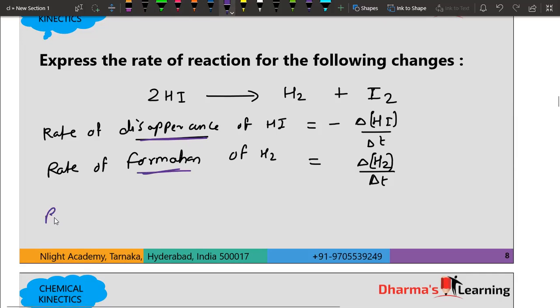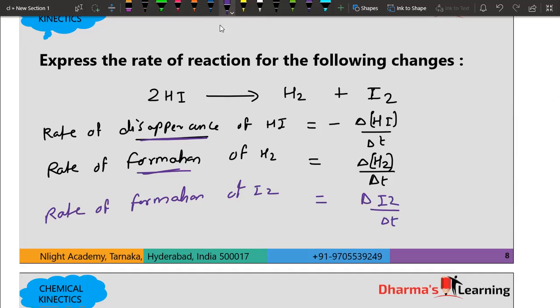Similarly, the rate of formation of I2 will be the change in concentration of I2 divided by change in time. Now focus. If I need to write the rate of reaction, this is the rate of the complete reaction. It is not with respect to a particular reactant or product. So the average rate of a reaction will be equal to minus 1 by 2, the stoichiometric coefficient, times change in concentration divided by change in time.